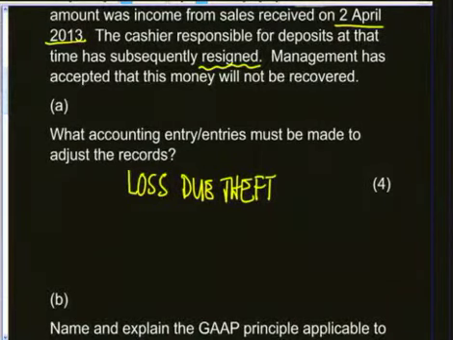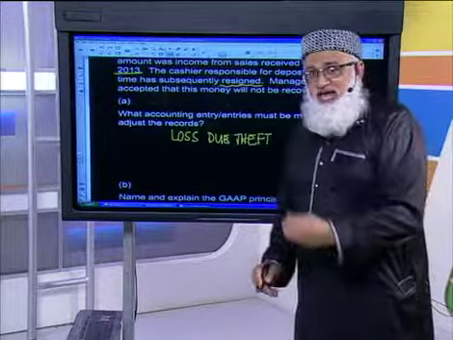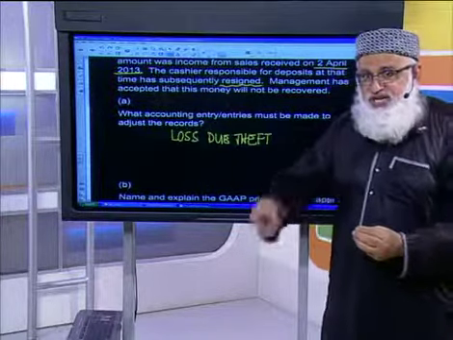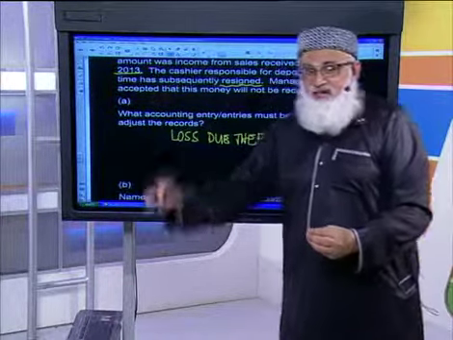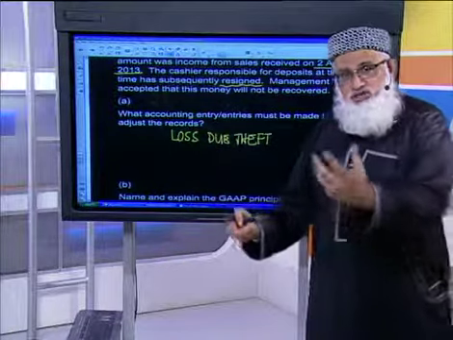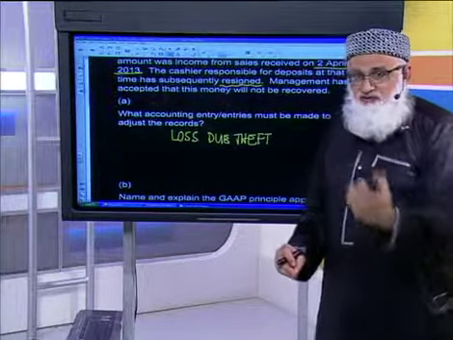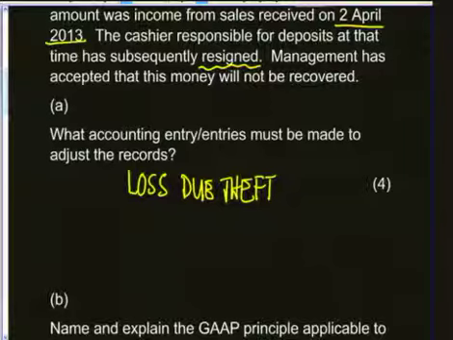So you're going to debit an expense account. We're not going to recover that money. We have shown it as if the deposit has been made. So we have debited our bank account. So to reverse that money out of our bank account, we will credit our bank account.